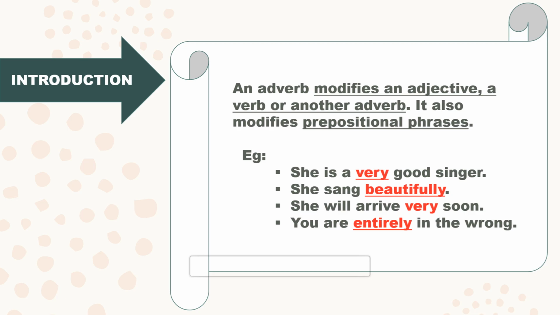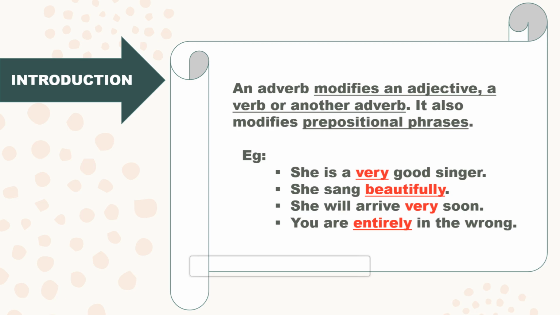As I have not discussed prepositional phrases, I'm explaining it here. You remember, a prepositional phrase is a group of words having incomplete meaning. Listen to me carefully. A prepositional phrase is a group of words having incomplete meaning, and it always starts with a preposition. So in the wrong is a prepositional phrase, and in is the preposition, because prepositional phrases start with a preposition.